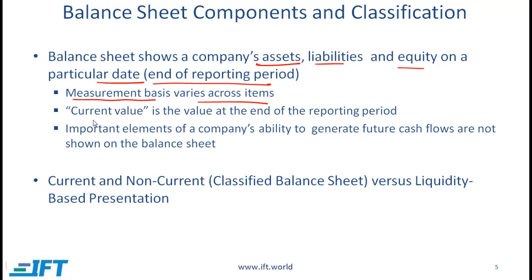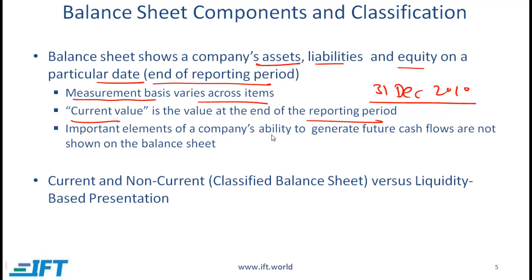Some items are shown at current fair value, and obviously the current value is the value at the end of the reporting period, which will be shown in the title of the balance sheet. So that's the current value on, say, 31st December 2010, if that is the end of the reporting period, and not the value when you as an analyst are looking at the balance sheet.